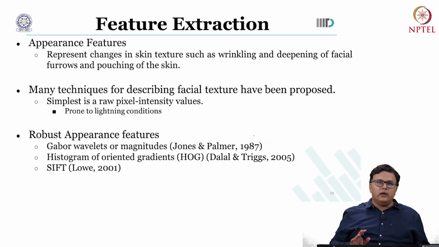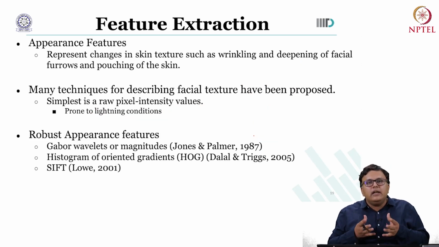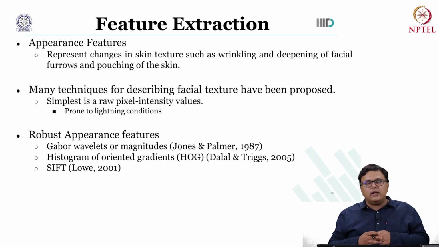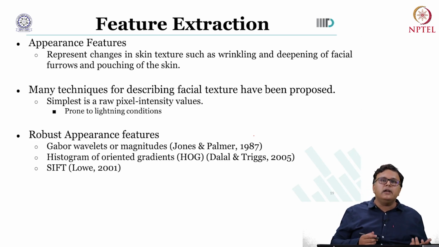Therefore, in the literature it was proposed that let us use orientation-based, gradient-based information. Now, it has been shown that our eyes are also sensitive to change in the shape. Similarly, for analyzing the change in the shape, which is reminiscent of the facial expression, you can use the gradient information.